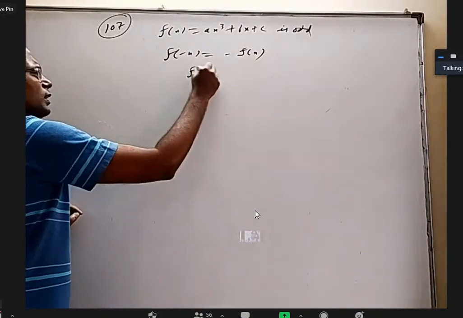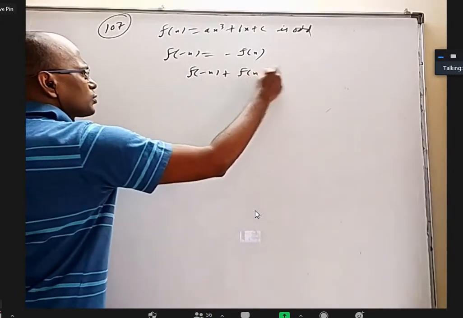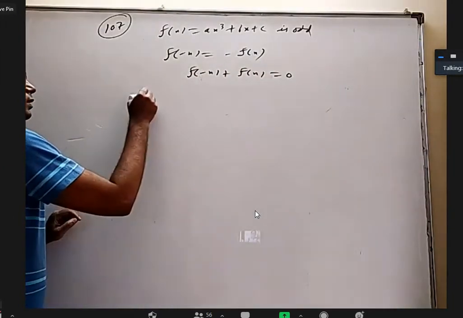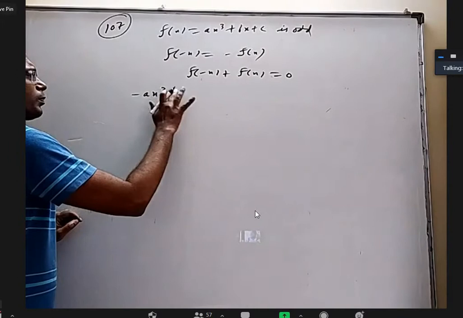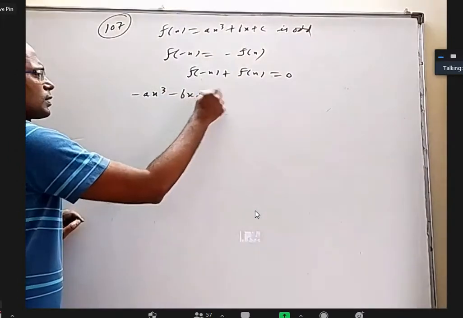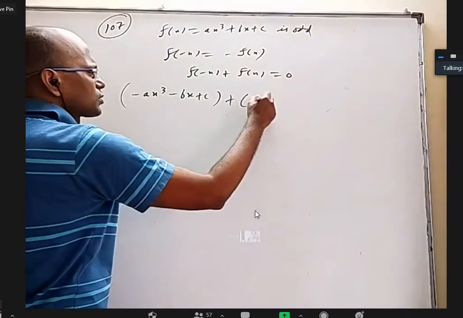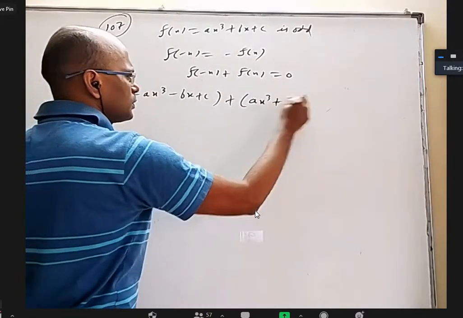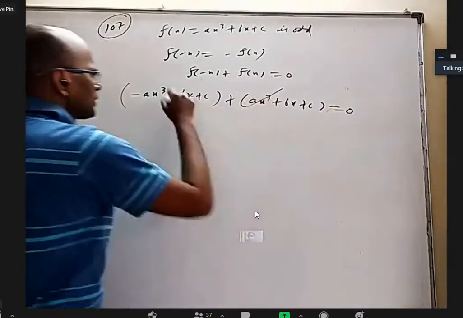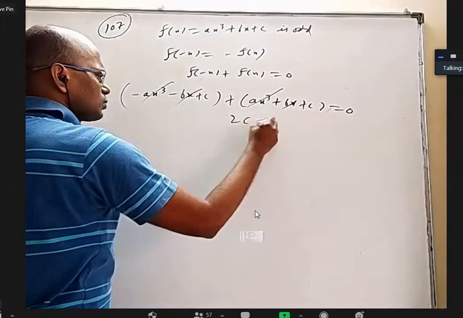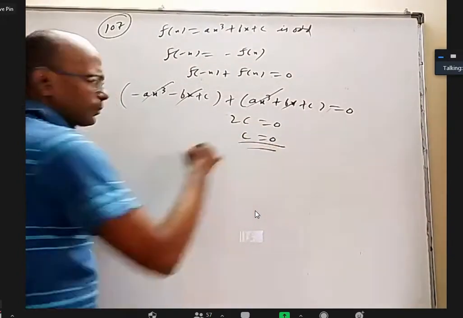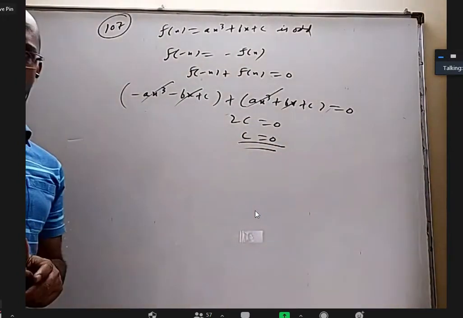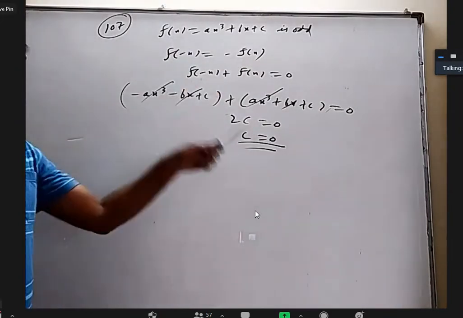Or you can even write f of minus x plus f of x should be 0. What is f of minus x? Minus ax cube minus bx plus c. What is f of x? Ax cube plus bx plus c. Ax cube will cancel, bx will cancel, 2c is 0, so c should be 0. It is fairly simple, I can tell directly, but I'm writing it for the sake of writing.